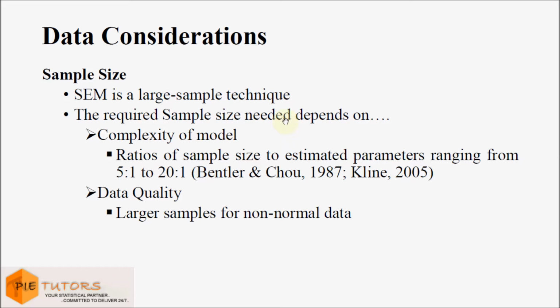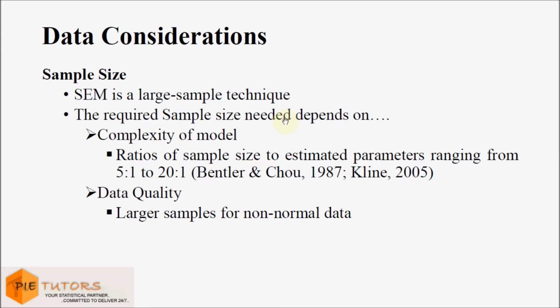By complexity of the model, we mean the more parameters we are required to estimate, the greater will be the sample size. Some recommendations suggest that the ratio of the sample size to the number of parameters to be estimated should ideally be between 5:1 and 20:1. So if we have a path model with 30 parameters to be estimated, we require a sample size between 150 and 600.